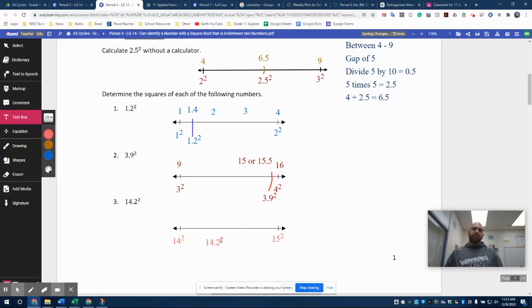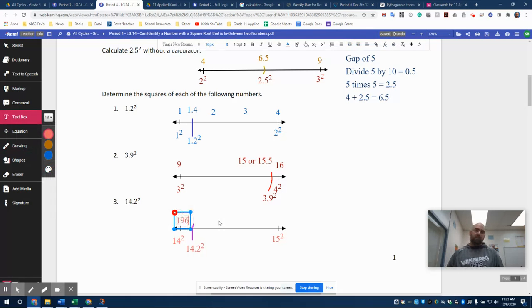Now 14.2, just like the previous one, also has a 0.2, so it's probably in about the same place. If we use the drawing tool, I'm going to put it right about there, roughly.